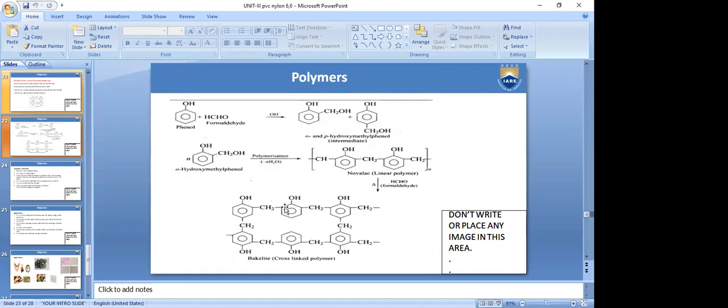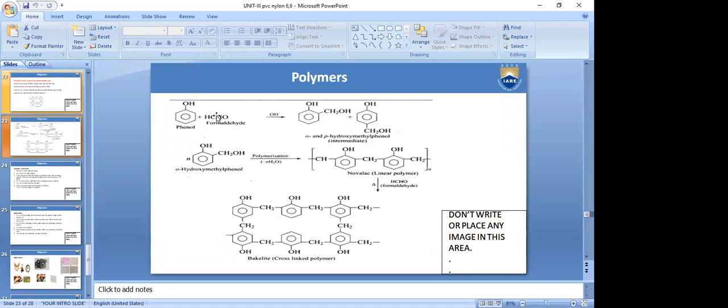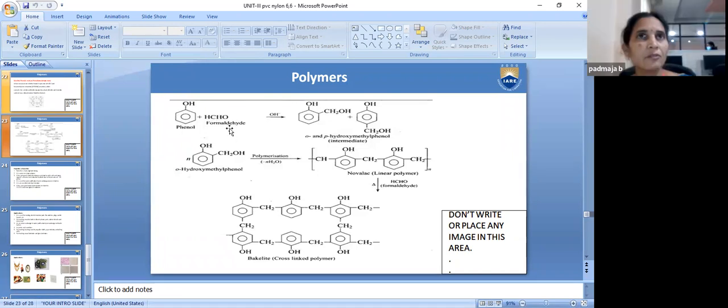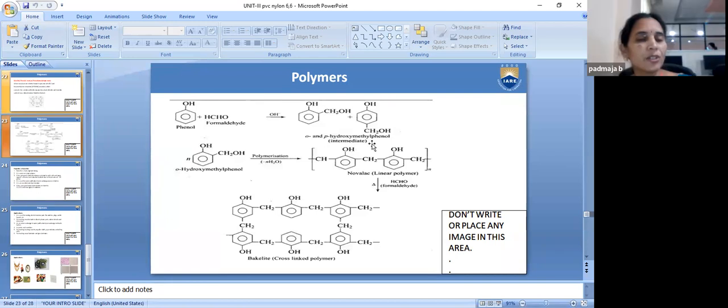Phenol and formaldehyde. Two chemicals we are taking, phenol and formaldehyde. When we take phenol and formaldehyde, what type of mixture are you getting? Ortho and para-hydroxymethylol phenol. So you take n number of ortho-hydroxymethylol phenol and go for the polymerization process.